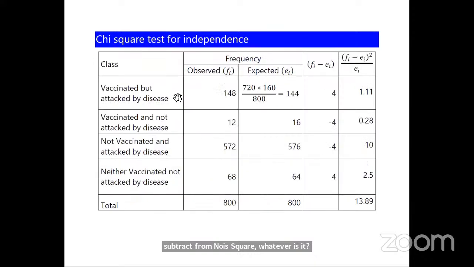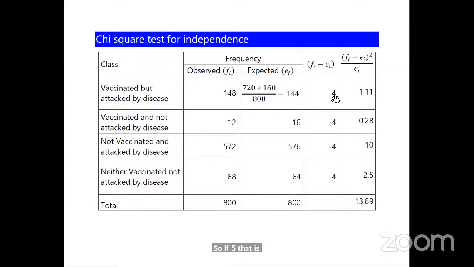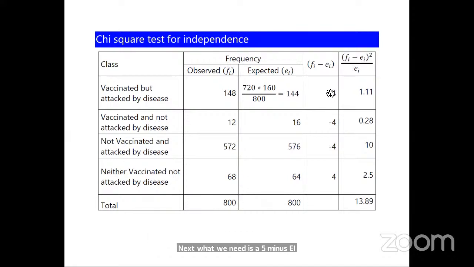So I have made two columns, Fi, our observed, and Ei, the expected frequency. So Fi, that is 148 minus 144, so 4. Fi minus Ei is 4. Next we need (Fi minus Ei) square upon Ei. So Fi minus Ei is 4, its square is 16. So 16 divided by Ei, that is 144.